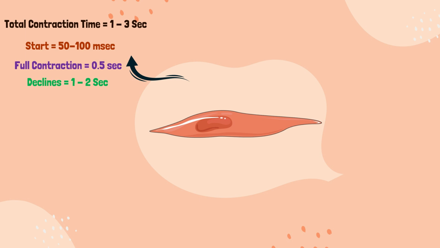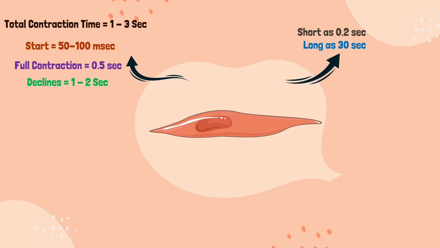This is about 30 times as long as a single contraction of an average skeletal muscle fiber. However, because there are so many types of smooth muscle, contraction of some types can be as short as 0.2 seconds or as long as 30 seconds.